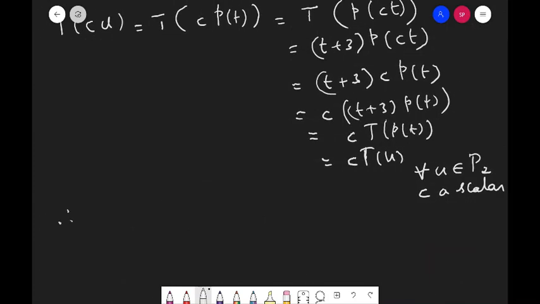Therefore, from 1 and 2, T is a linear transformation.